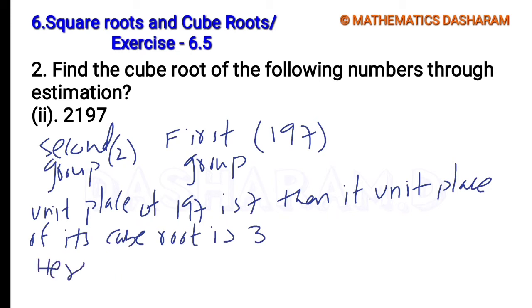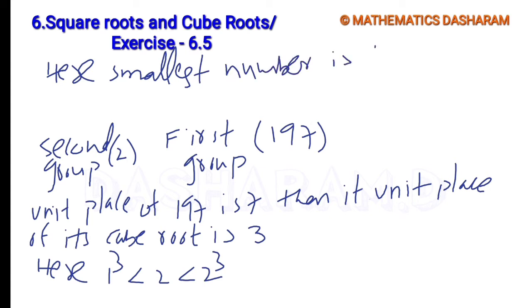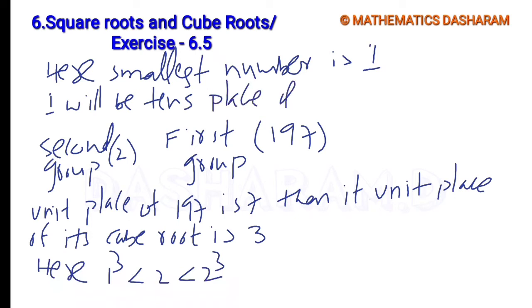Here 1 cube is less than 2, which is less than 2 cube, because 1 cube is 1 and 2 cube is 8. So 2 lies between 1 and 8. The smallest number is 1, so 1 will become the tens place of the cube root answer.